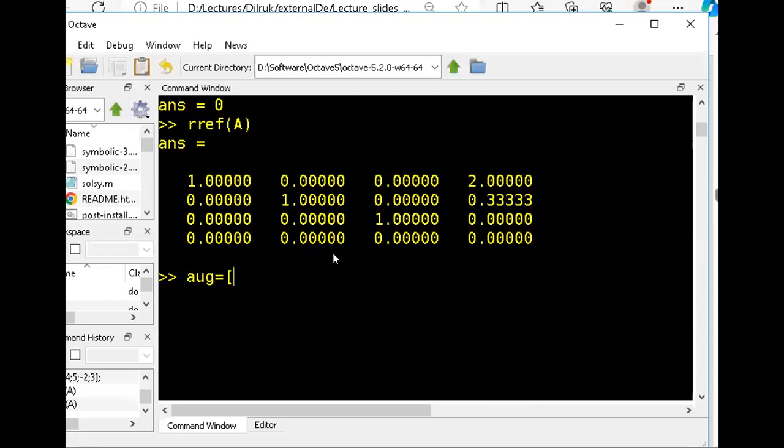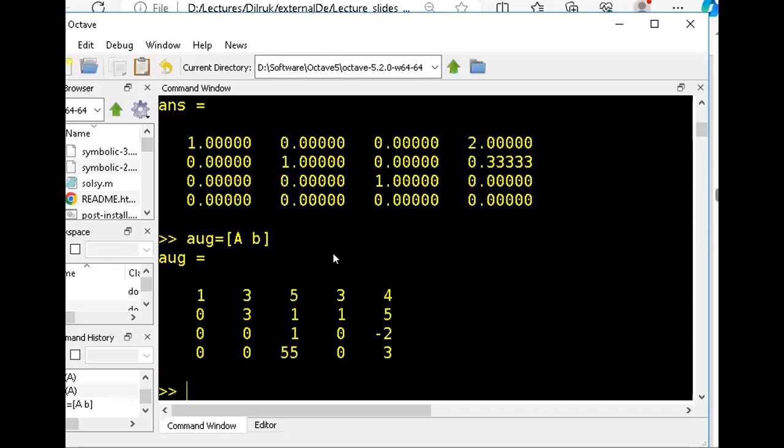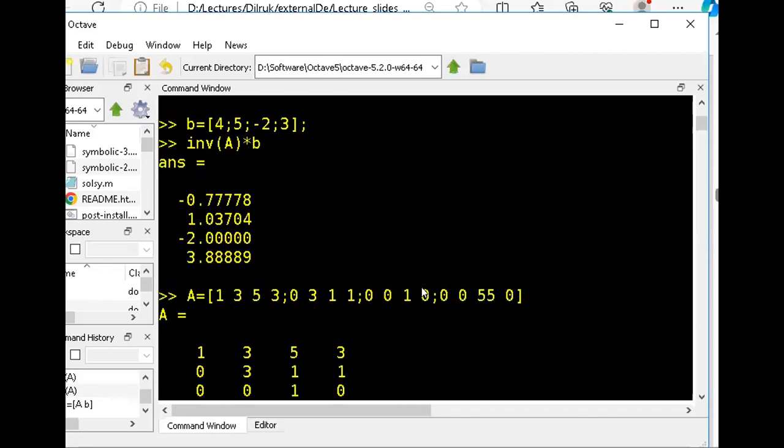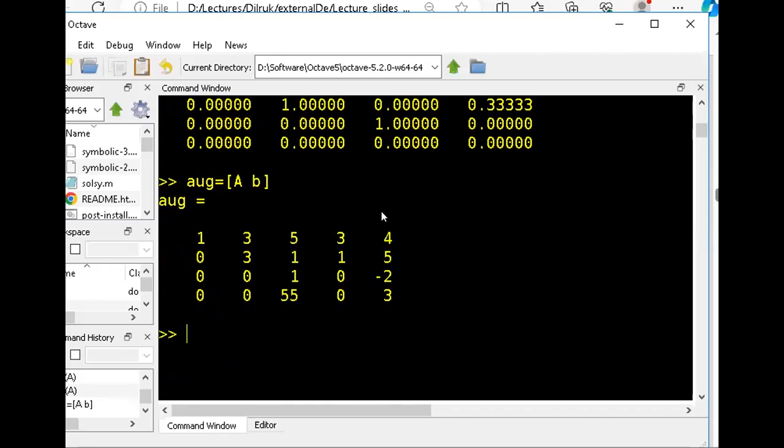My augmented matrix consists of the coefficient matrix and my column matrix, the right hand side. I want to see the output, so I don't enter a semicolon. This is called the augmented matrix: the coefficient matrix with the right hand side.